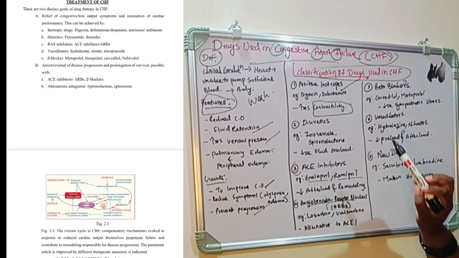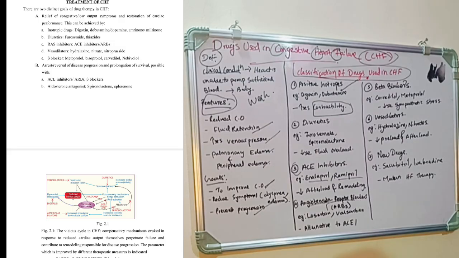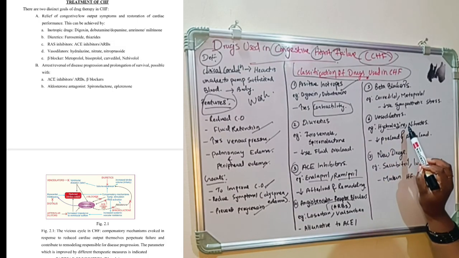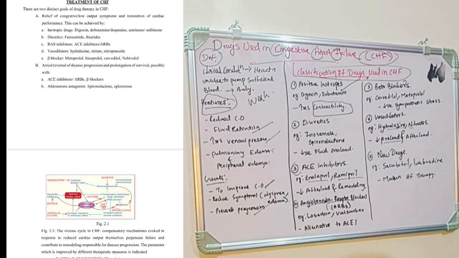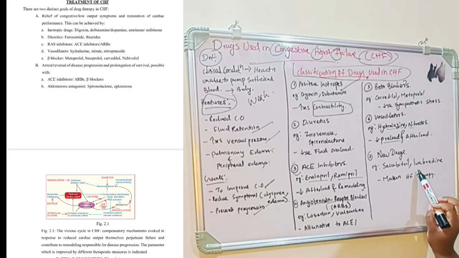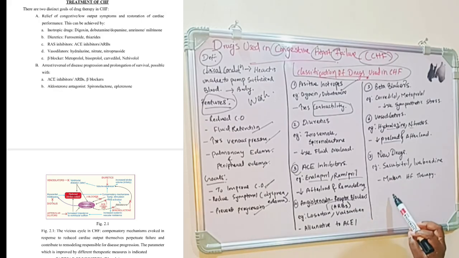And the sixth one is vasodilators, for example hydralazine and nitrates, which decrease the preload as well as the afterload. The seventh category is the new drugs, sacubitril and ivabradine, which are for modern heart failure therapy.